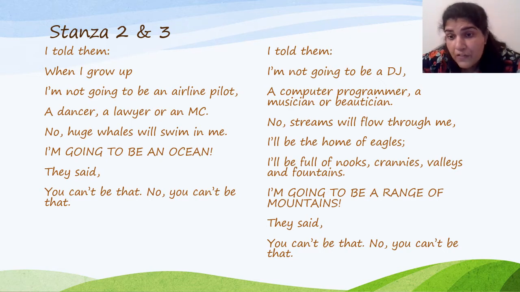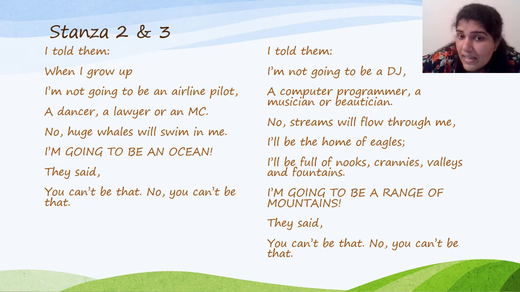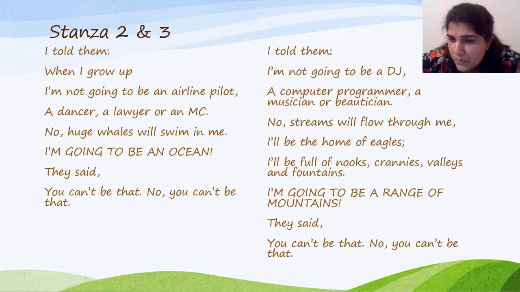I'll be the home of eagles, and all the birds and the eagles will come in, the cranes that stand in the river bed, just at the river banks. So I'll be full of valleys and fountains, and I'll be a range of mountains. Where the valleys are, the eagles will come and sit over the mountains. They fly so high. So I'm not going to become a DJ or a computer programmer.